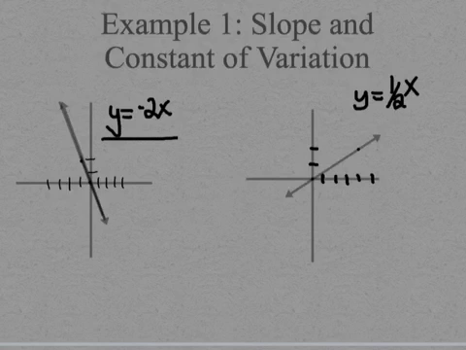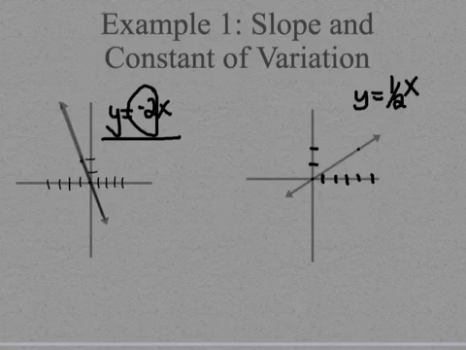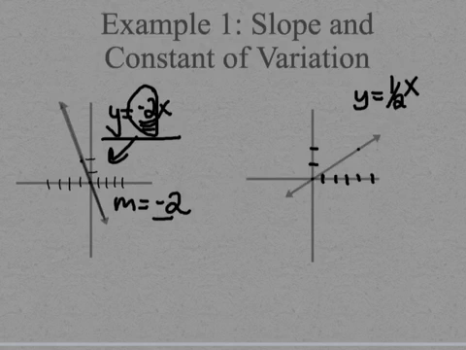In this equation, we could see that the constant of variation is -2, right? And then if we come over to the line that is the physical representation of this equation, we'll see that the slope is -2. I don't think that this is really earth-shattering to anybody, but the reality is the constant of variation is the same as the slope.